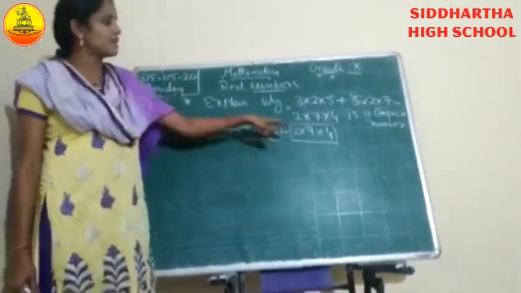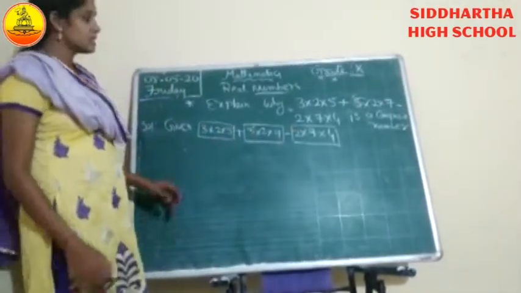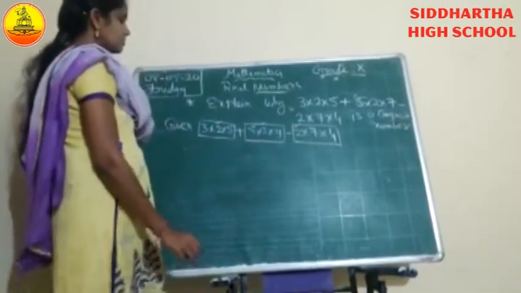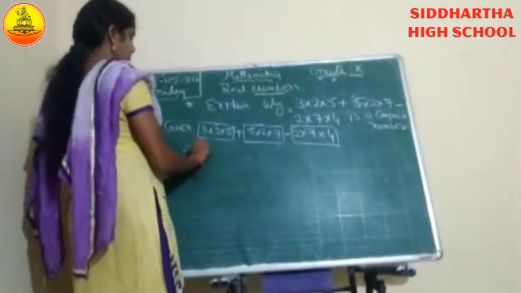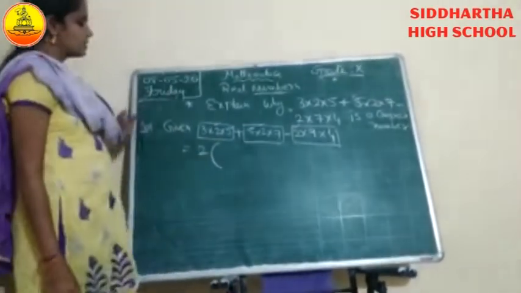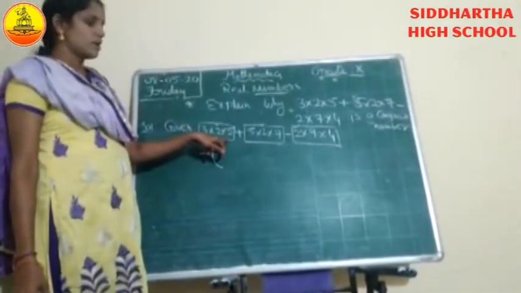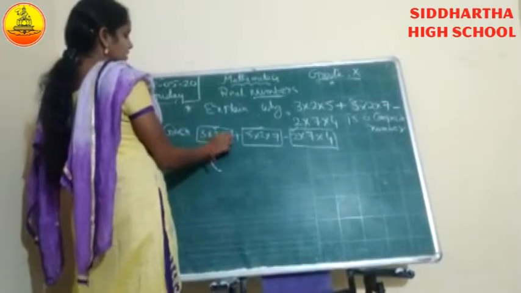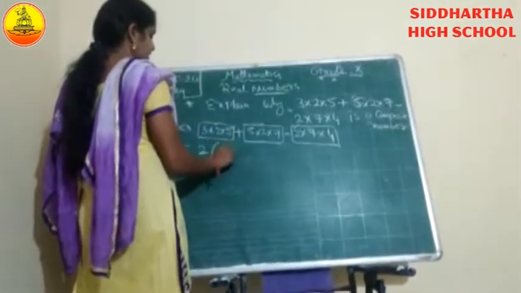What is common in all the 3? 2 is there. 2 is present in all the 3. So you take 2 as common. If you take 2, is anything else there for common? Not there. So if you take 2 common, what is left here? 3 into 5. Write 3 into 5.